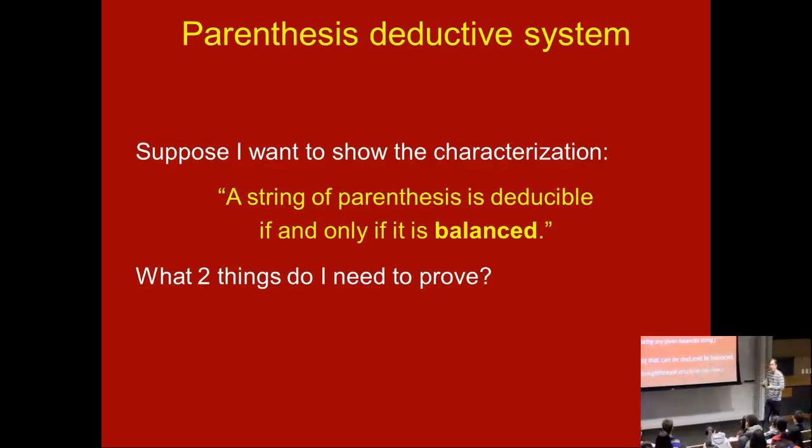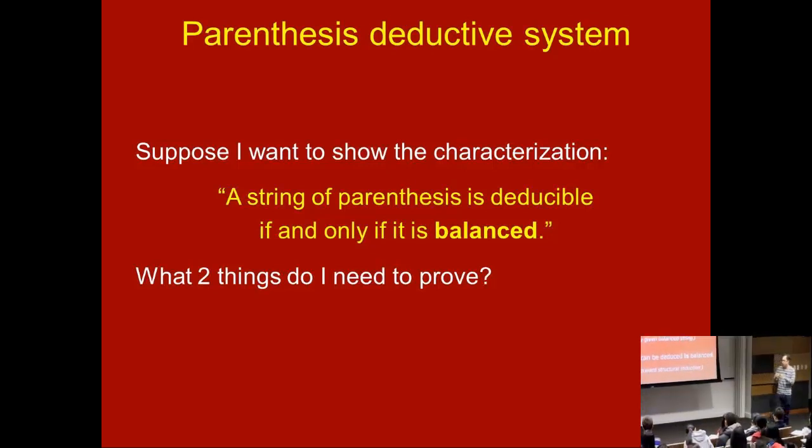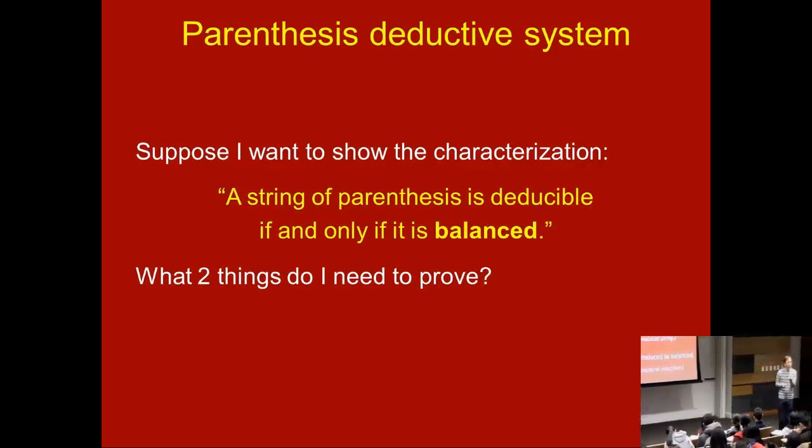Basically, to show that anything you can deduce is a string of balanced parentheses, it's going to be an induction. The initial object, which you can deduce, is just left, right. That's balanced. And you want to show that the deduction rules preserve balancedness: if you wrap a balanced string, it's still balanced, and if you concatenate two balanced strings, they're still balanced.